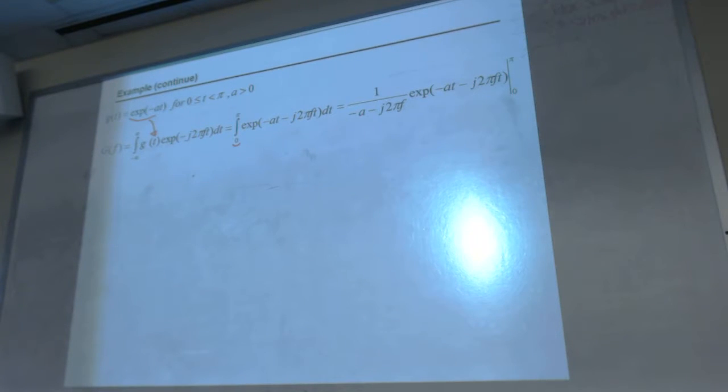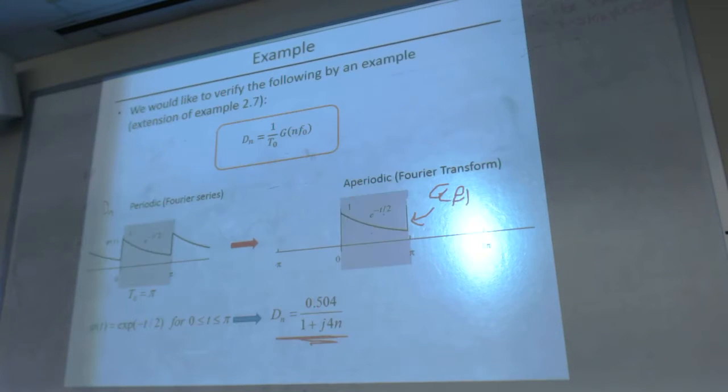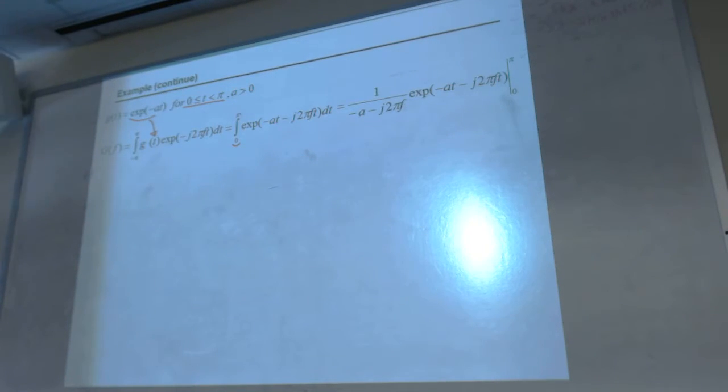Because that's where I have a value for the function. My g of t is 0 here and 0 there, so only between 0 and pi I have that. So I change the integral to 0 to pi, then e to the power of something, a very simple integral. I take the integral and put the boundaries between 0 and pi. So we get this.